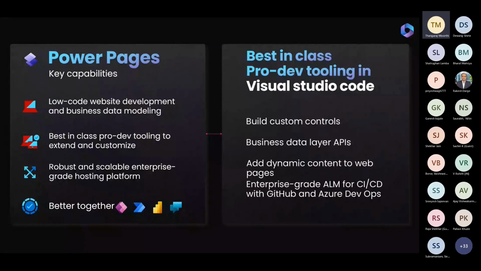When we say enterprise grade, Dataverse is the backbone of Power Pages, and that is why we term it as enterprise grade. We also have the ability to use business data APIs, build custom controls or add your PCF controls. You can also add dynamic content to the web pages and achieve an effective ALM process through GitHub and Azure DevOps.